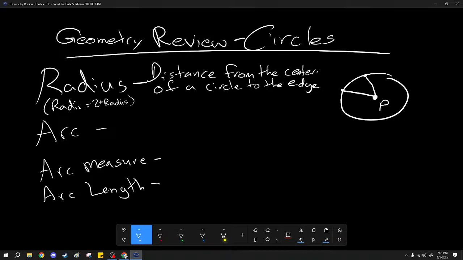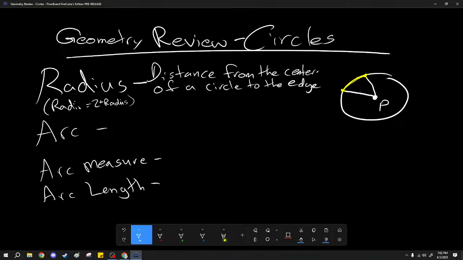So when you have two radii connected to a center, you get this little pie, this little pizza slice. Right here, this distance, or this little part of the circle, the edge here, I'm going to highlight it actually. This edge here, that's not highlighted. There we go. This little chunk, this edge here, is called an arc.